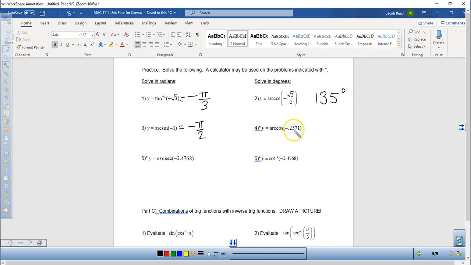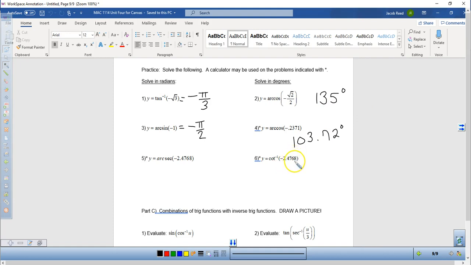Arc cosine of this number, so let me type that in real quick. Negative 0.2371 comes out to be 103.72 degrees. All right, cotangent, remember that since it's negative, we do have to do the tangent inverse of 1 divided by that number.